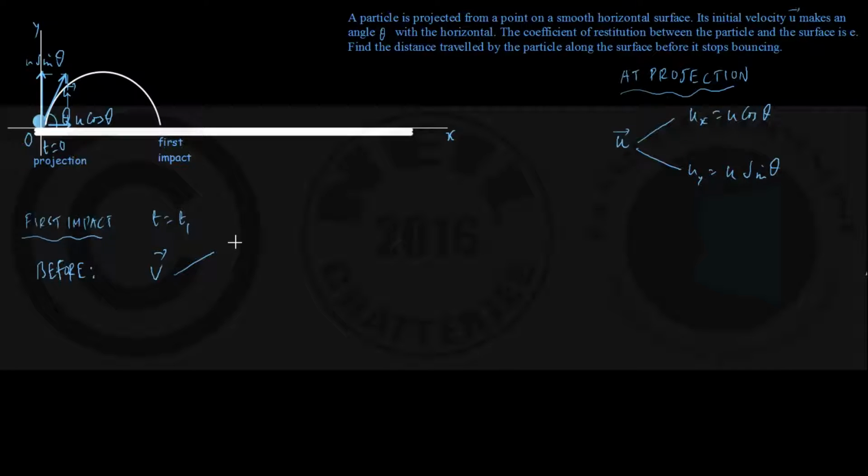This v has got two components. One is vx. As we just now said, this vx remains equal to ux throughout the flight. So I'm writing vx is equal to ux is equal to u cos theta only. And the y component of this velocity vy, just before this first impact, that is equal to minus uy. This is minus u sin theta.